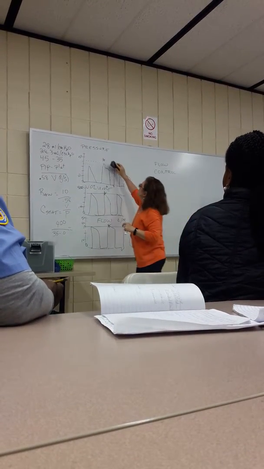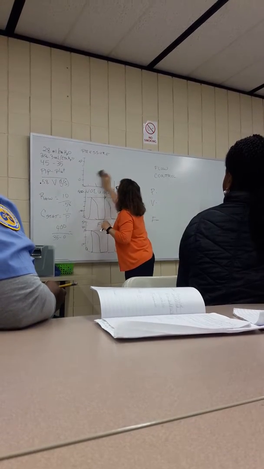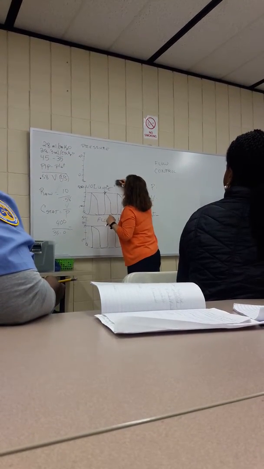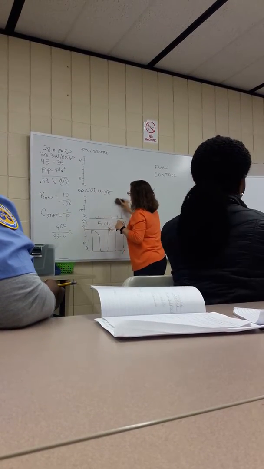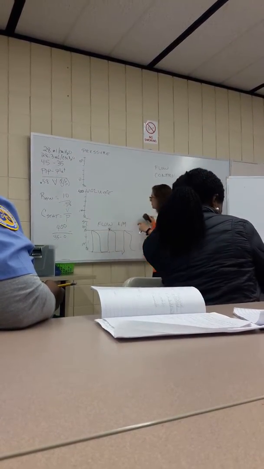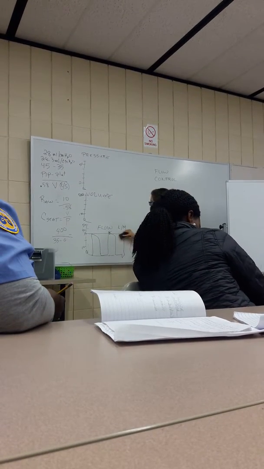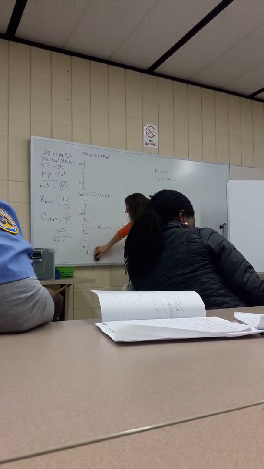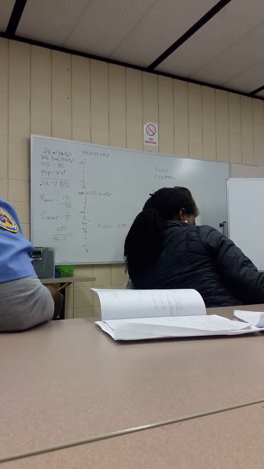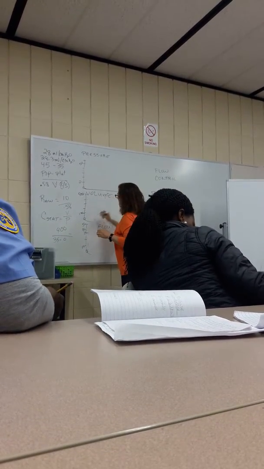Flow control looks at flow only, and you have to set an inspiratory time. Most of you in here will never use what is considered a true flow control ventilator, including myself.